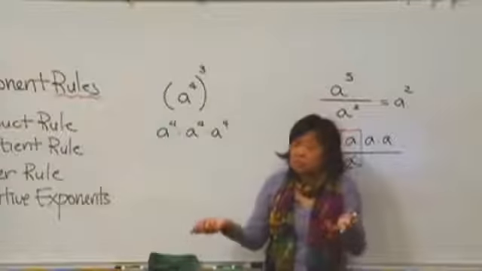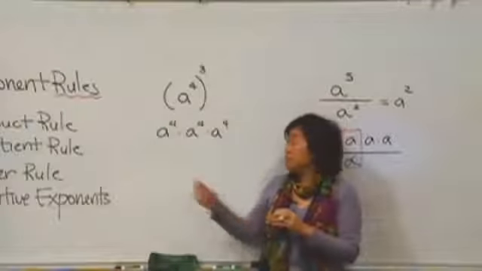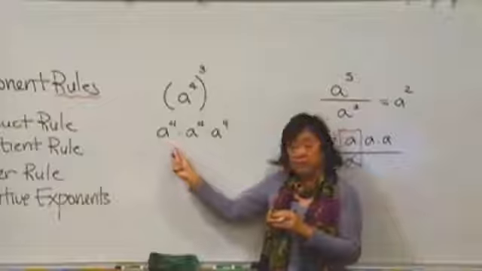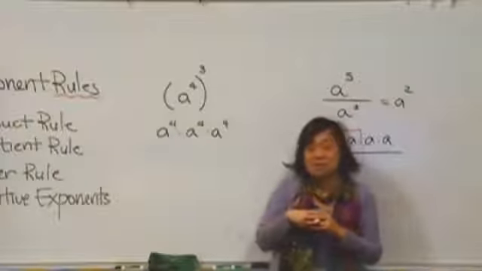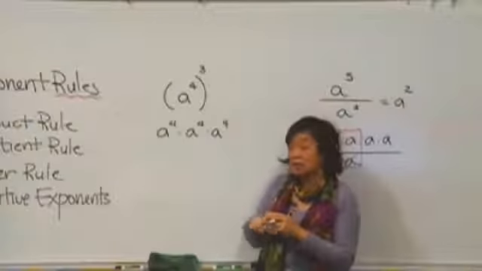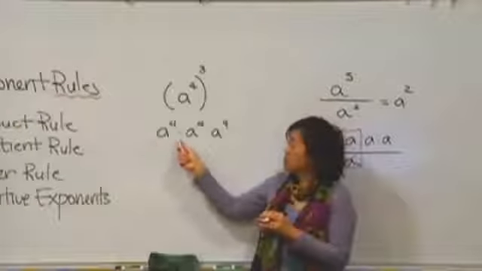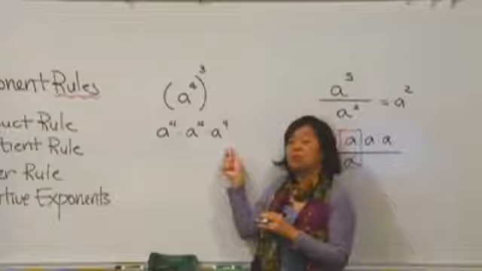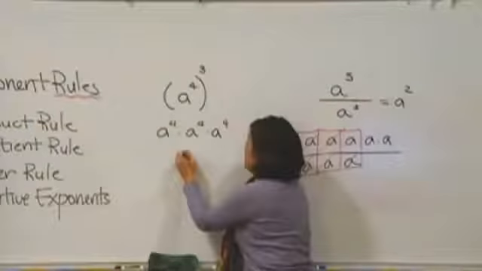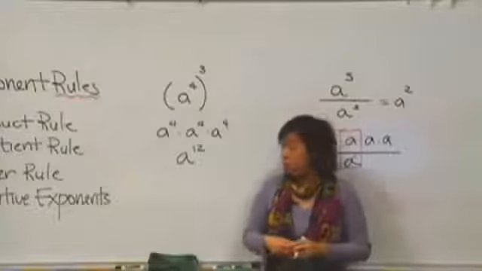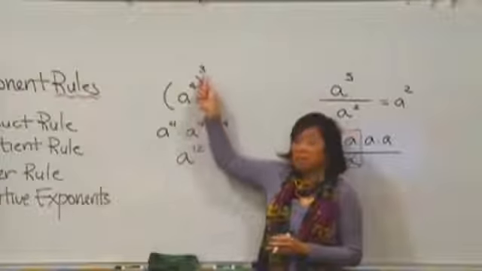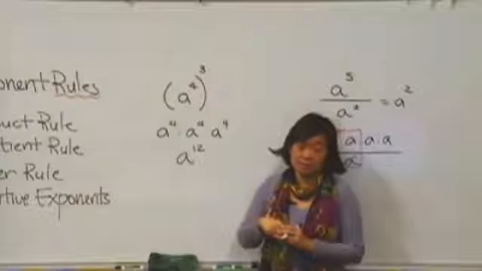And based on what we just talked about, think about what we have here. We have 4 a's here, 4 more, 4 more. So without me taking your time to write them all out, just think about 4 here, 4 more, and 4 more. Altogether, there's going to be 12 in your answer. If you wanted a rule for that, whenever you're doing a power, you simply multiply the exponents.